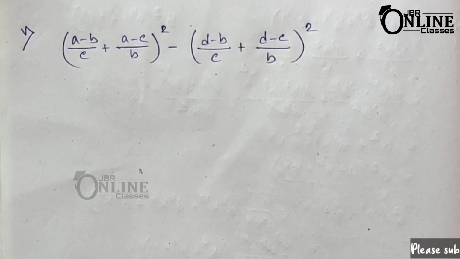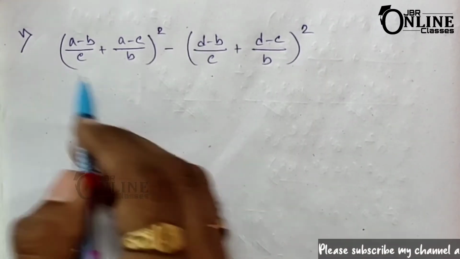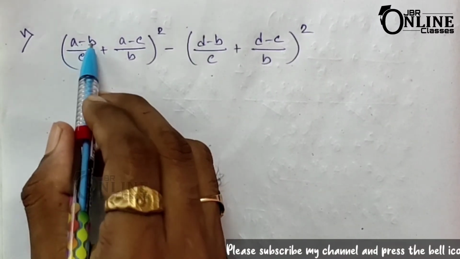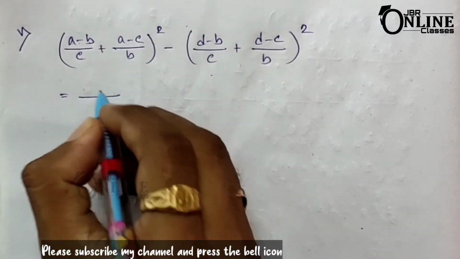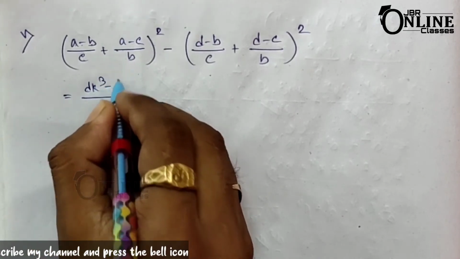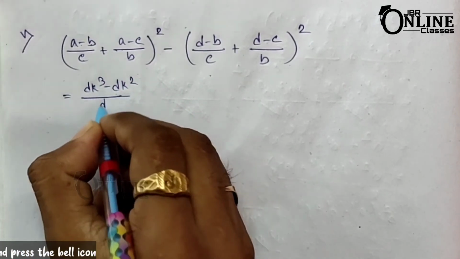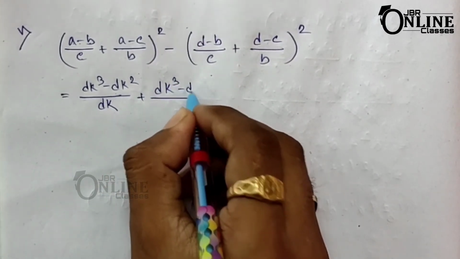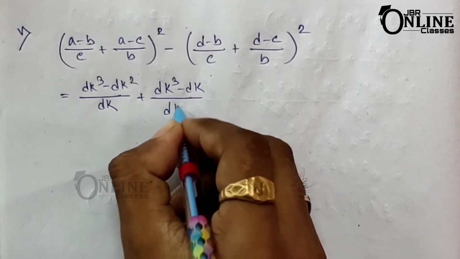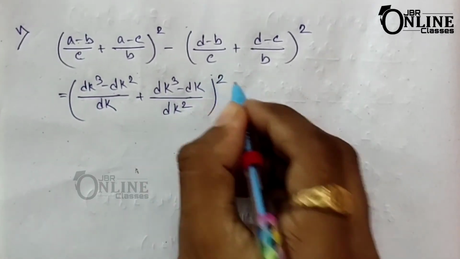Now sum number 23-5. Here the left hand side is a minus b by c plus a minus c by b, whole square. So put the value of a: dk cube minus dk square by dk, plus dk cube minus dk by dk square, now whole square.